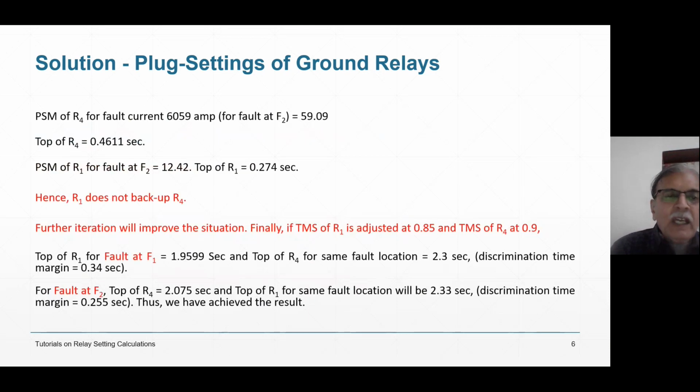And if I take another case F2, for fault at F2, time of operation of R4 is 0.4611, and time of operation of R4 for fault at F2 for R1 is 0.274. So time of operation of R1 for fault at F1 is 1.95.